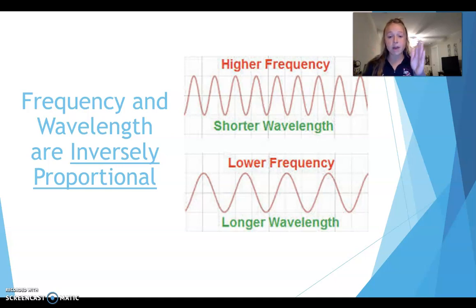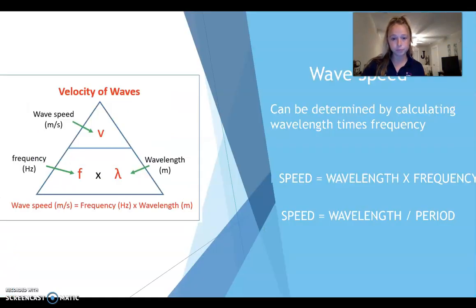Then when you have a lower frequency, you're going to have a longer wavelength. So it's going to be going up and down, but not as quick. So you're going to have some time between those crests. So remember, frequency and wavelength are inversely proportional. They're going to do opposite of each other.